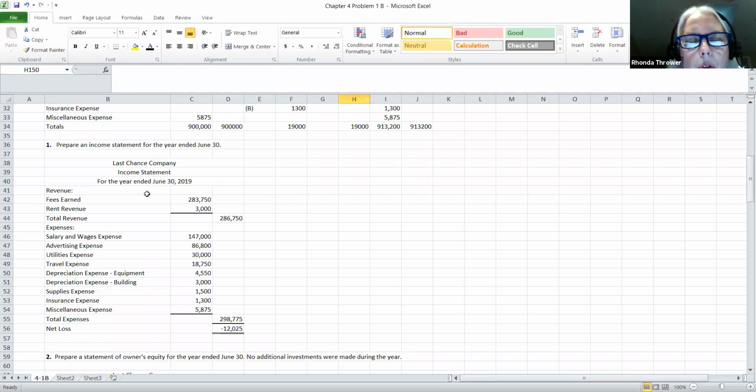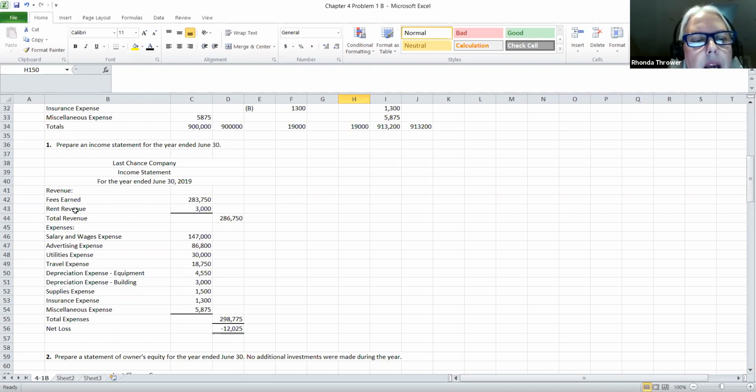And on your income statement, you'll remember that we learned in chapter 1 that you will list all your revenue accounts. You will also list all your expense accounts. So in this particular company, we had 2 revenue accounts, and so I listed both revenue accounts.